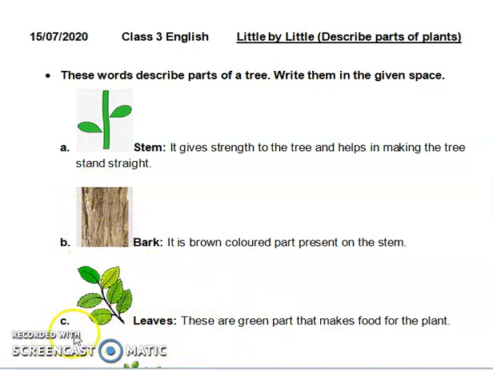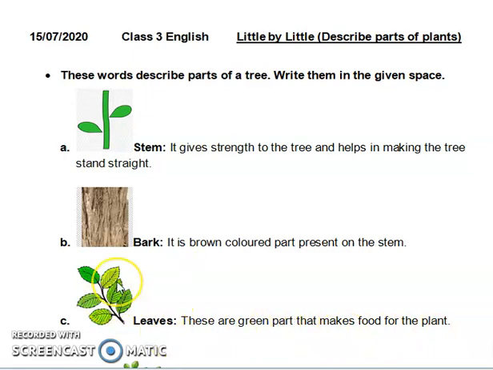Moving on to the next, part C. These are leaves. Yes. So you must be knowing this part. This is a very important part of a plant. Why? Because it makes food for the plant. These are green parts that make food for the plant.